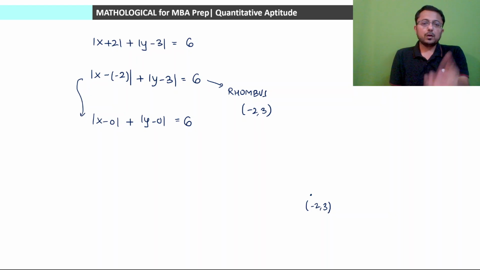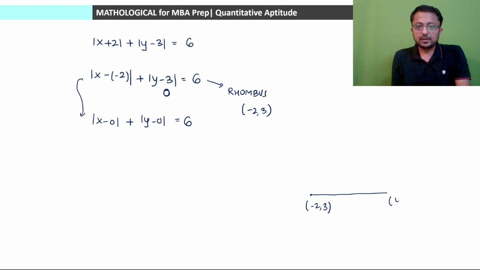Now if mod of y minus 3 is equal to 0, in that case mod of x plus 2 will be equal to 6, or the distance of x from minus 2 will be equal to 6. So minus 2 plus 6 will be 4, so 4, 3 will be that point. Similarly, minus 2 minus 6, that is minus 8, will give another point.